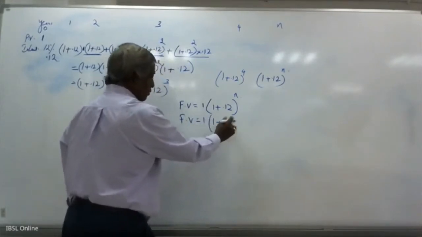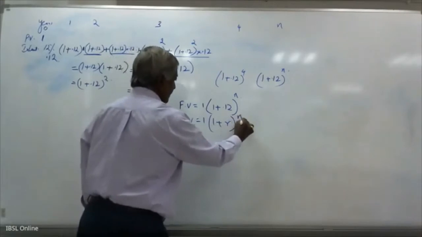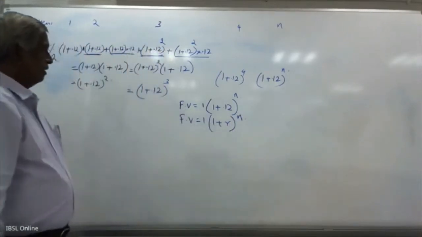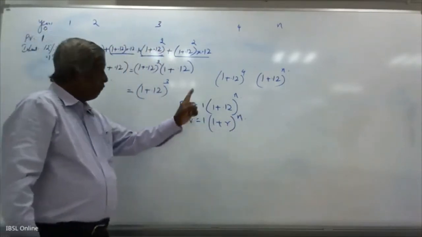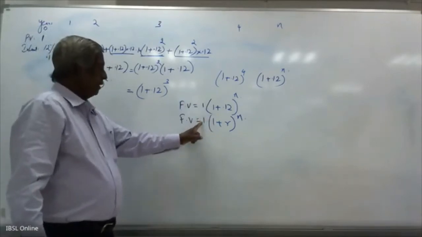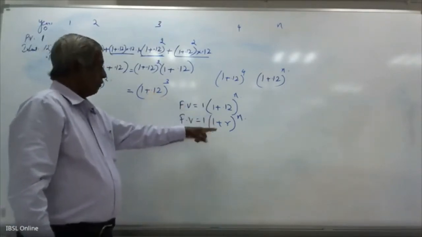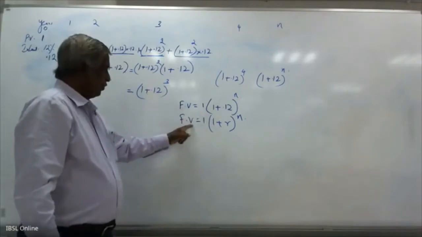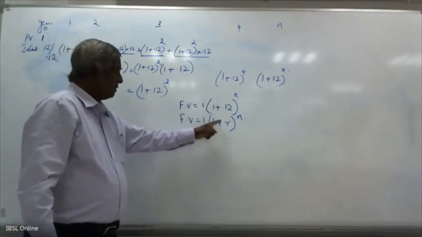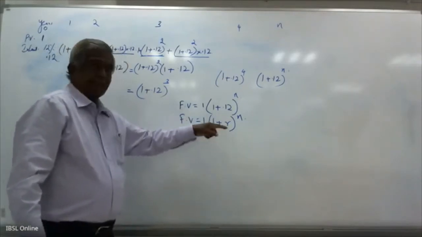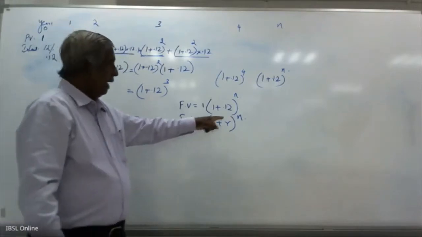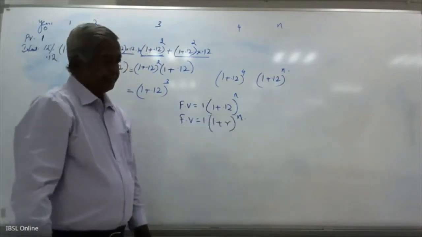Mind you, this R should be in decimal. Future value of present 1 rupee is F equals 1 into 1 plus R to the power n. R is the interest rate in decimal and n is the number of years.